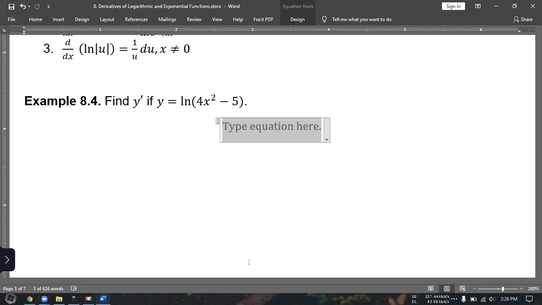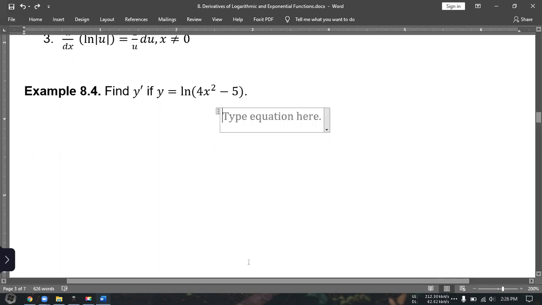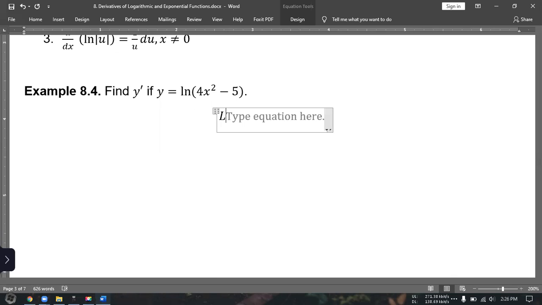Let's say, for example, our given function is 4x squared minus 5, no? So let u be equivalent to 4x squared minus 5. Ito yung kulay.